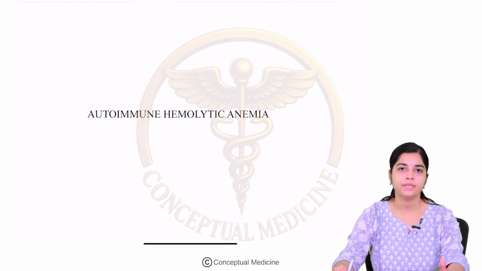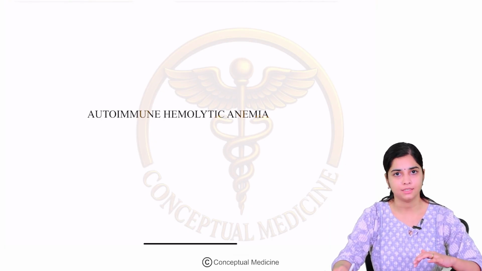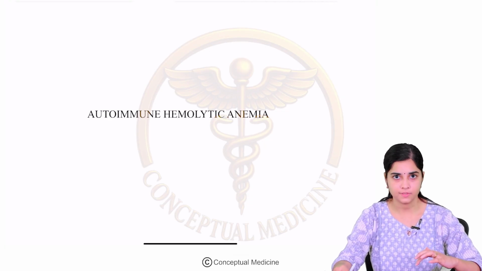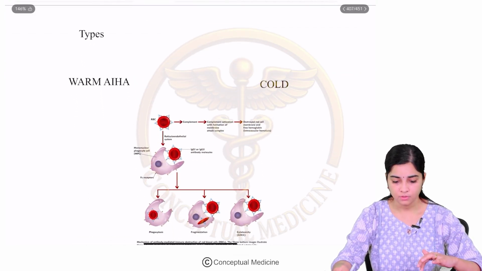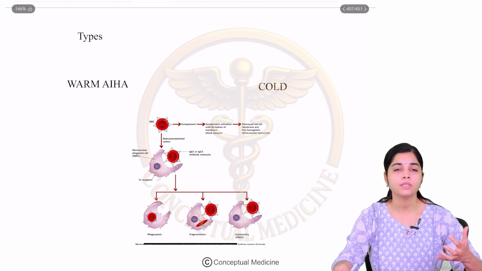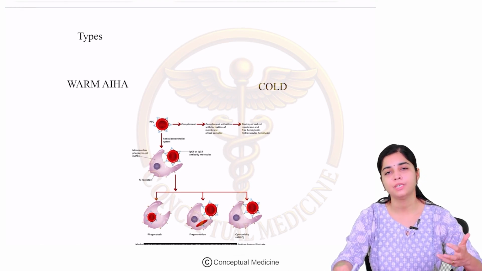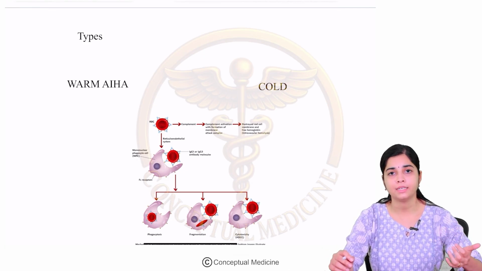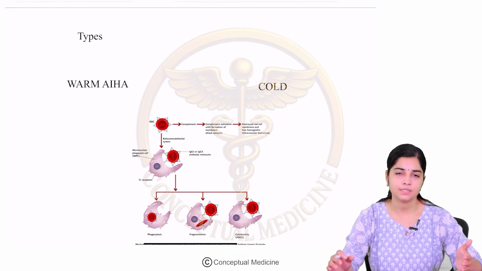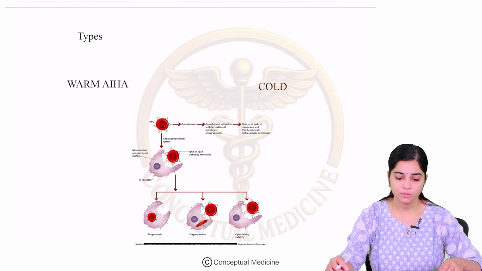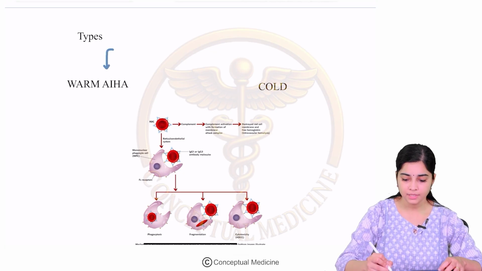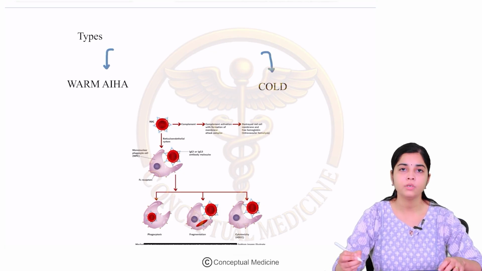Now let us look at autoimmune hemolytic anemia, which is one of the acquired causes of hemolysis. First let us understand what AIHA, or autoimmune hemolytic anemia, is. As the name suggests, there is an autoimmune process where antibodies are produced against the RBCs. Autoimmune hemolytic anemia can be classified as warm AIHA and cold AIHA.